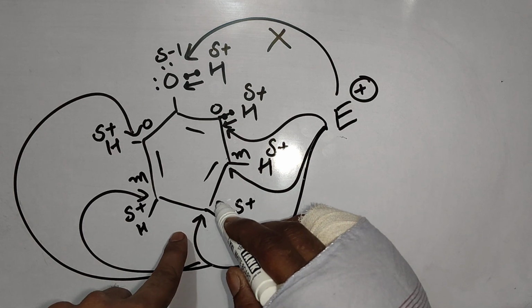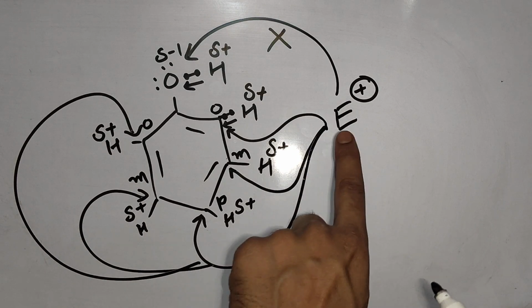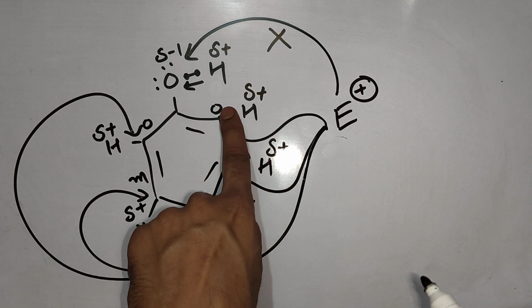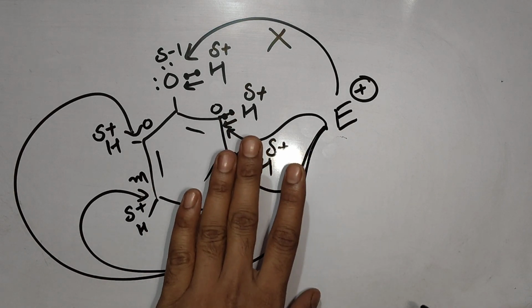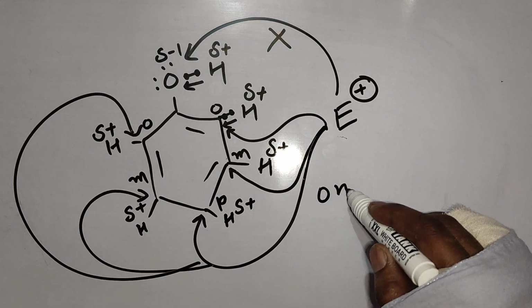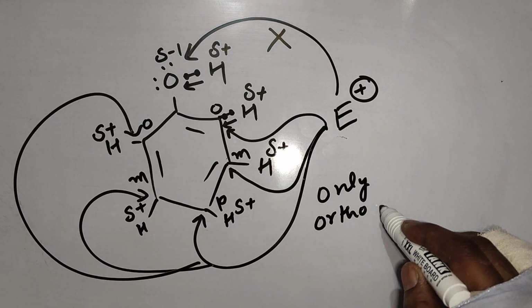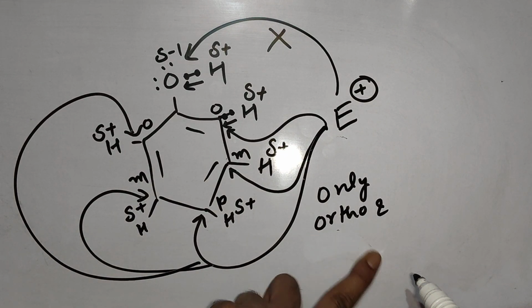And next to meta, para. Now, note down: the electrophile will attack on ortho and para carbons for electrons, not on the meta carbon. Only ortho and para.